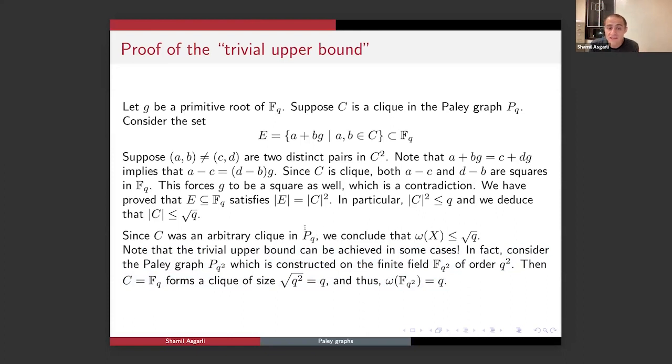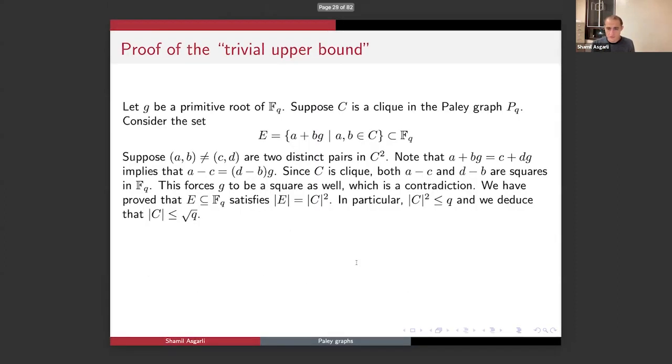So I'm going to look at the case of Paley graph with P elements where P is prime, because it turns out that the prime case is somehow the hard case to establish. Once you understand the prime case, we have some hope for understanding the prime power case. So we're going to focus mostly on Paley graphs of prime order, but whenever more general results pop up, I will mention the corresponding generalizations.